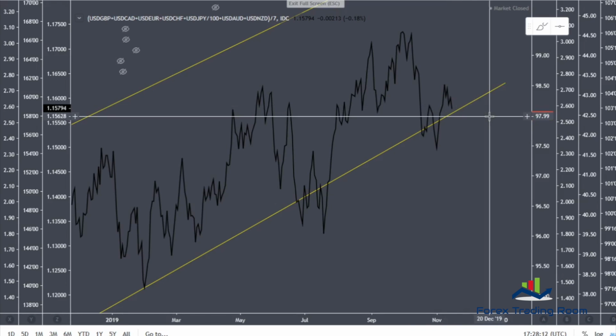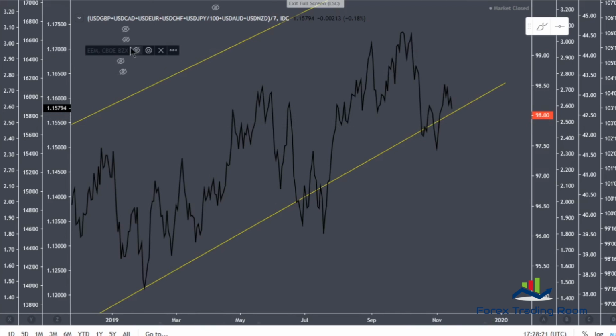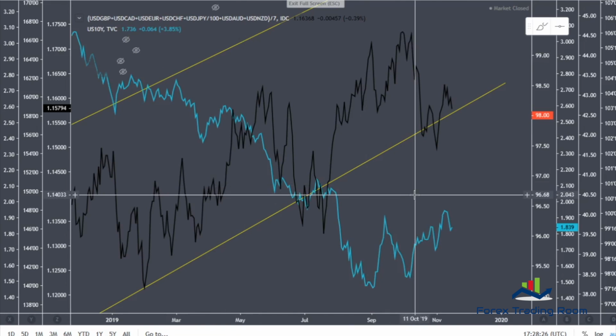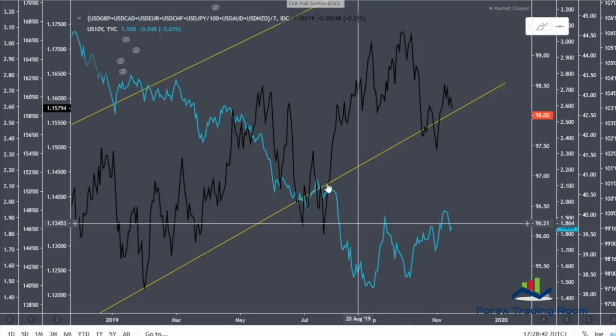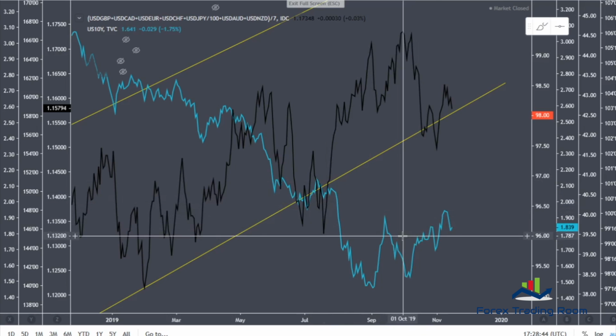What we could look for now is the TNX, the 10-year Treasury note. This is a strong correlated market, and we can put that on the chart to show you what that would look like. Now, the TNX is positively correlated, but we need to be aware that it's closed most of the day, so you can't use it for short-term indication, but you can use it for long-term plotting and planning, and we can see it correlates.